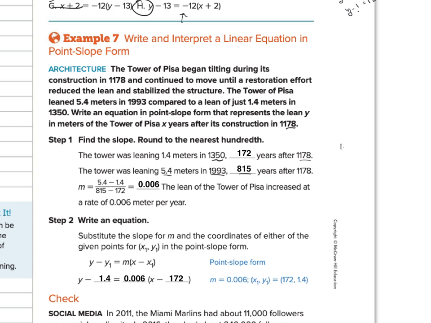I have 1.4 at 172 years, and I have 5.4 at 815 years. So those are my x and y coordinates. They calculated the slope, and it looks like the rate of change was 0.006 meters per year. So that is my slope.